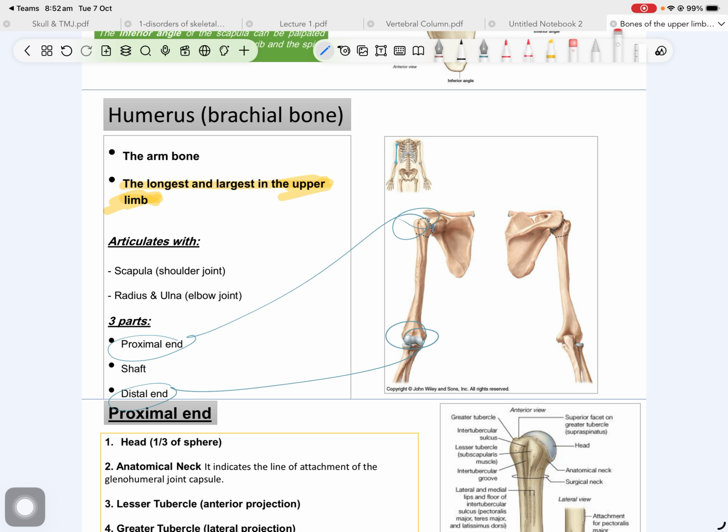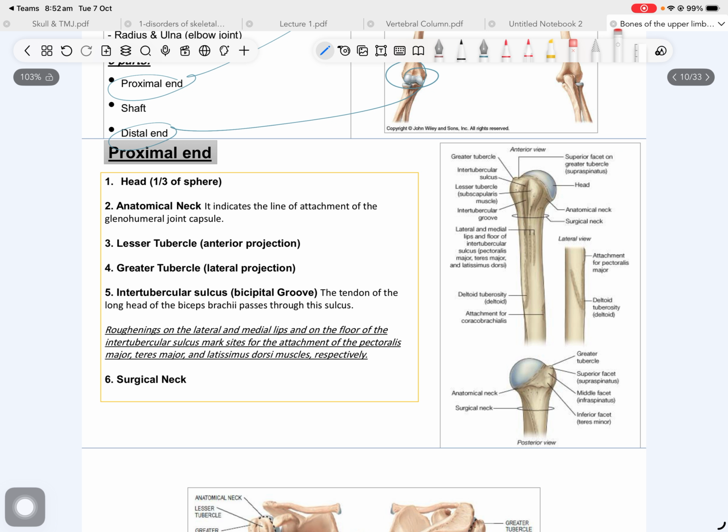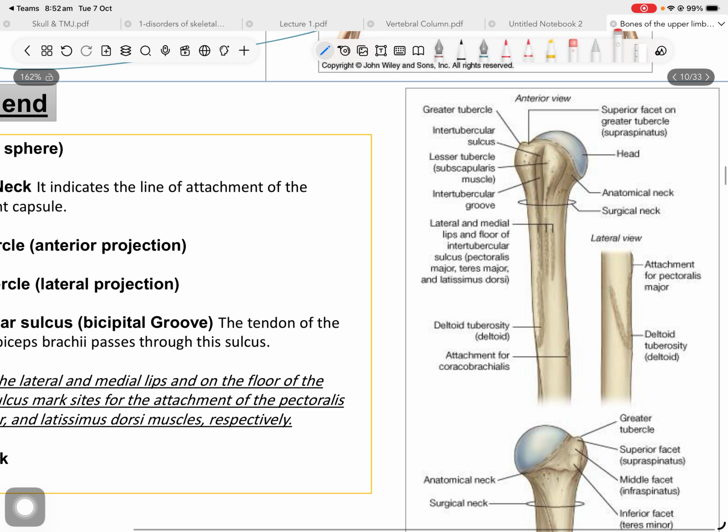Let's see the characteristics of each part of this bone. First, at the proximal end, we have what is called the head of the humerus. This head is one third of a sphere, okay? We said earlier, it articulates with the glenoid cavity of the scapula to form the shoulder joint. Then, this line, if you see this line, this is the anatomical neck of the humerus.